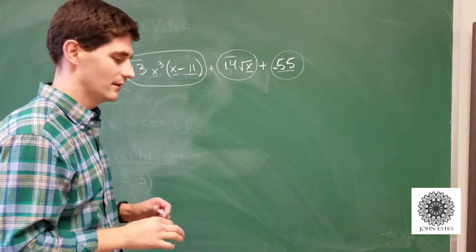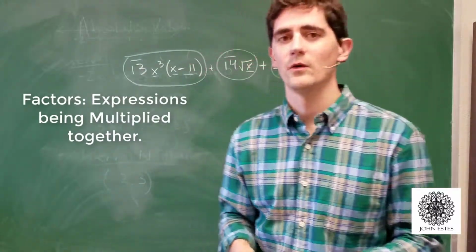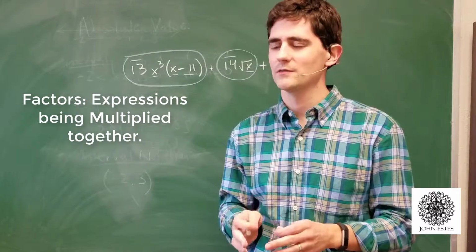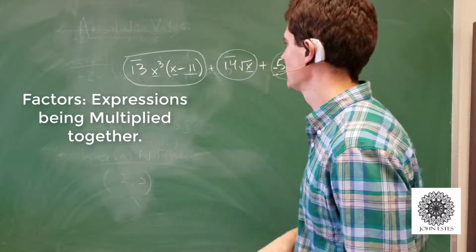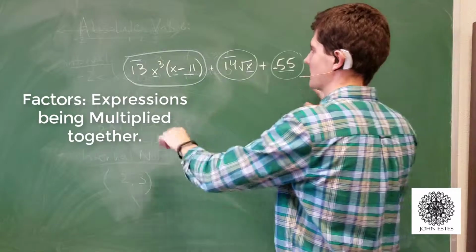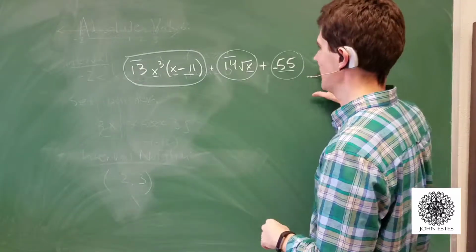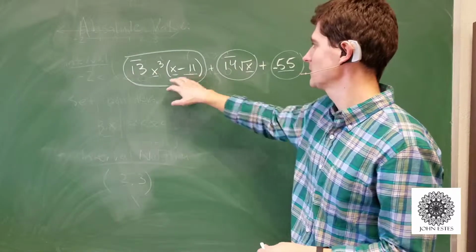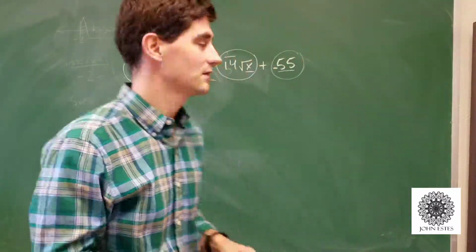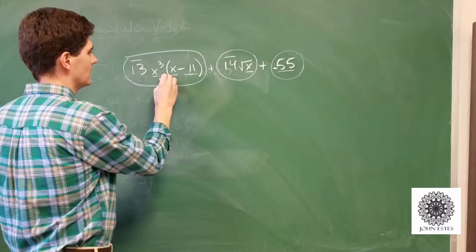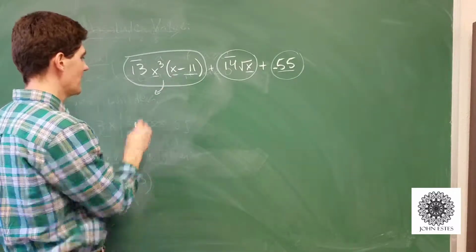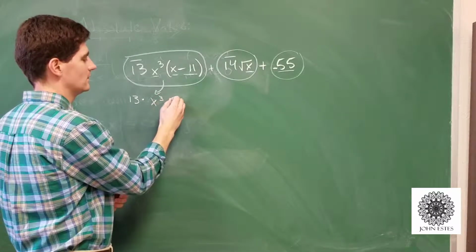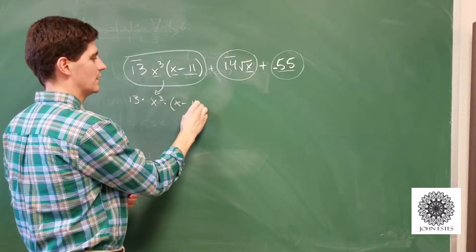Okay. Now the factors is what you get after you have separated. The factors are the things being multiplied together. So this whole expression itself only has one factor, the whole thing itself. Okay, but these terms in particular do have their own factors. So for this term, my factors are 13, because I have 13 times x cubed times x minus 11.